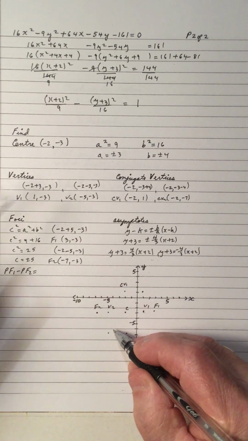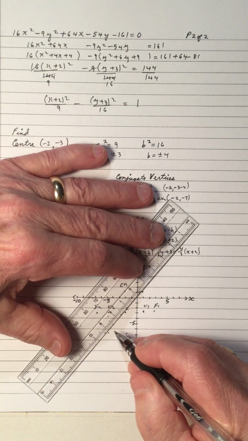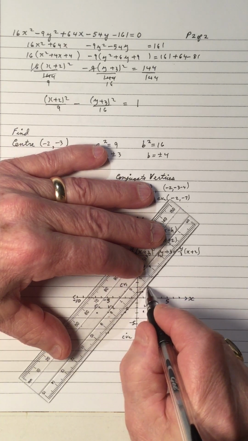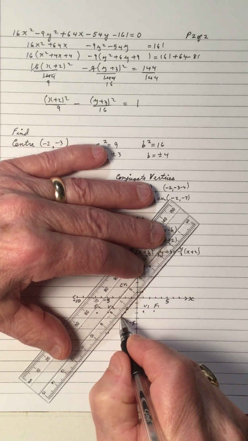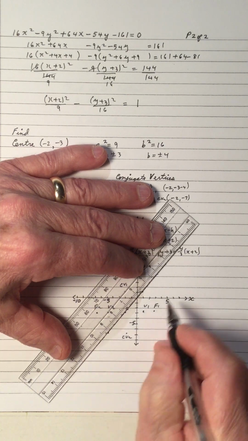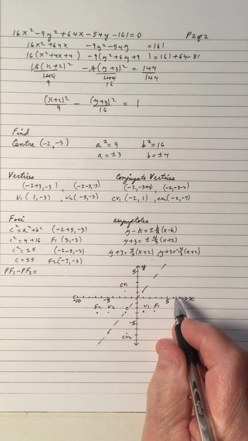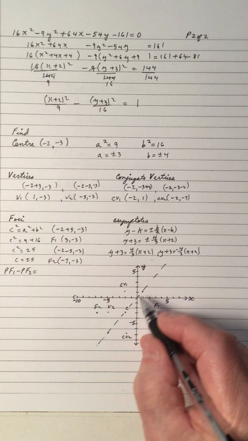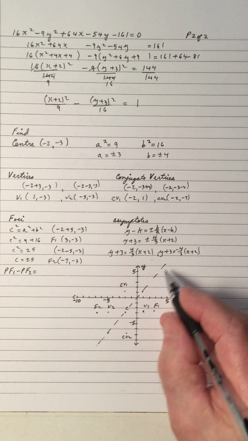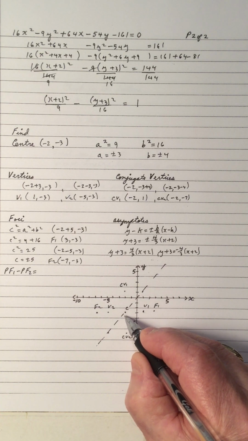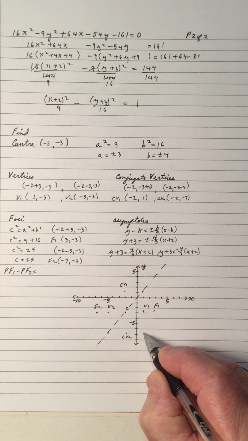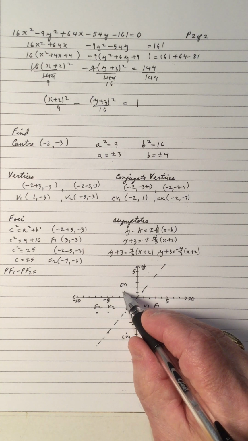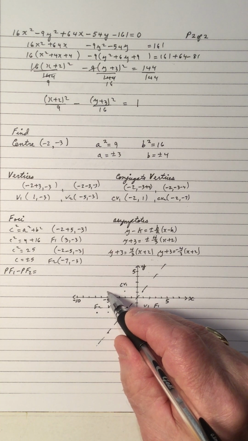So let's draw that asymptote, because the asymptote makes the drawing of the hyperbola much easier, going to the center, going to those corners. And we had another one, which is the same point, only it's going down 4, right 3, or up 4, left 3. So we can go down from the center, down 4, right 3, right here, or we can go up 4, left 3, right here.